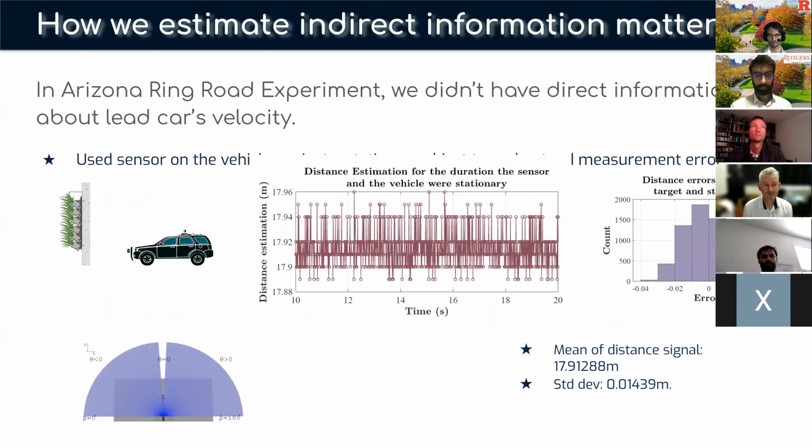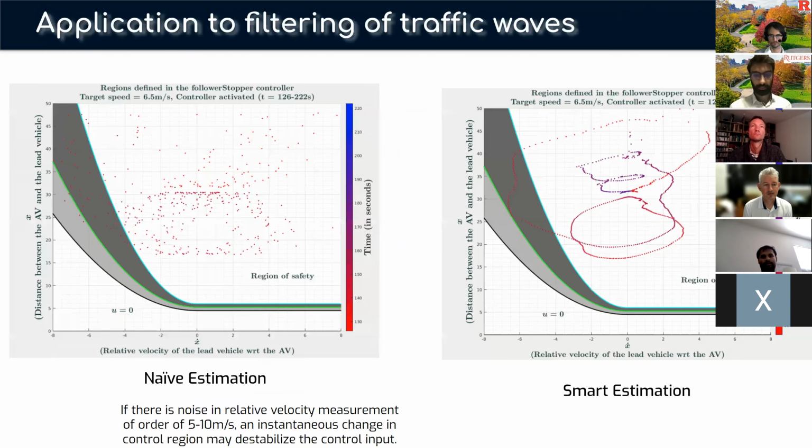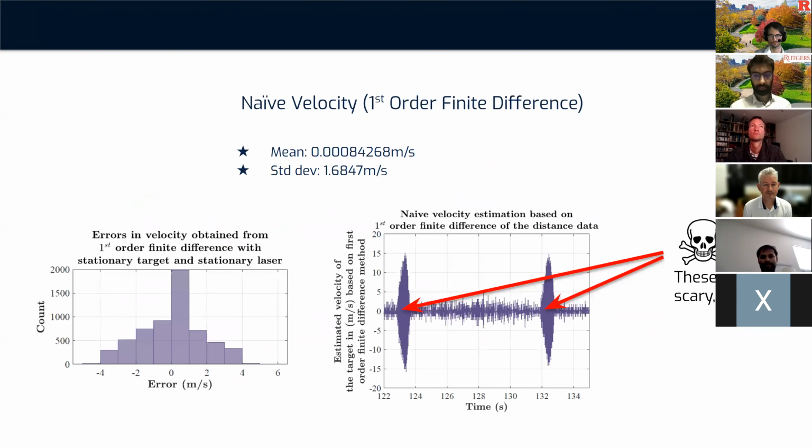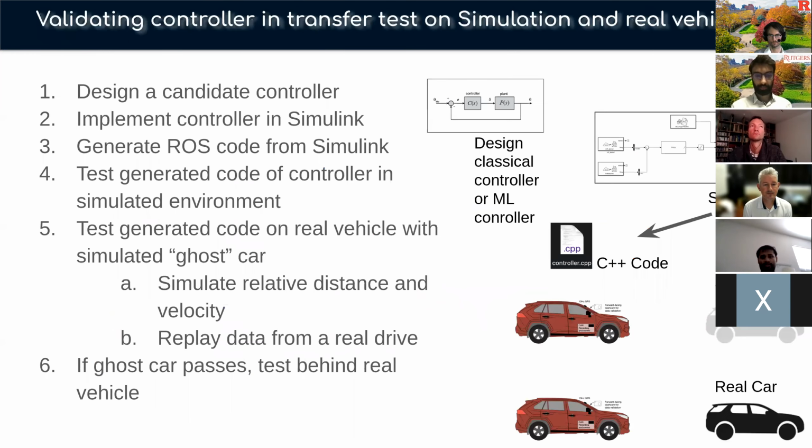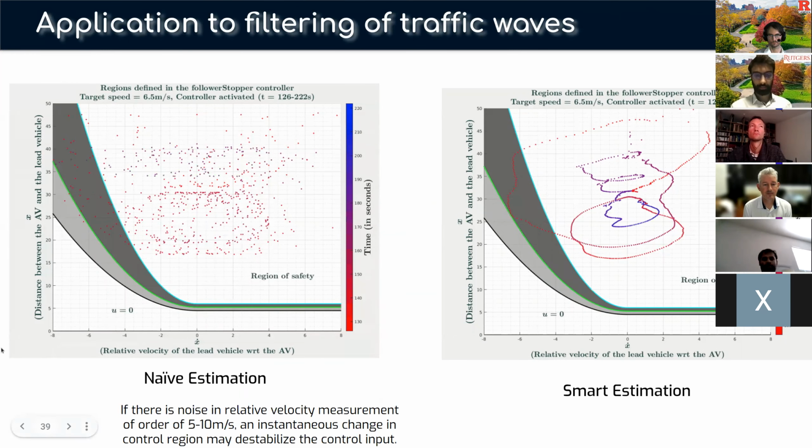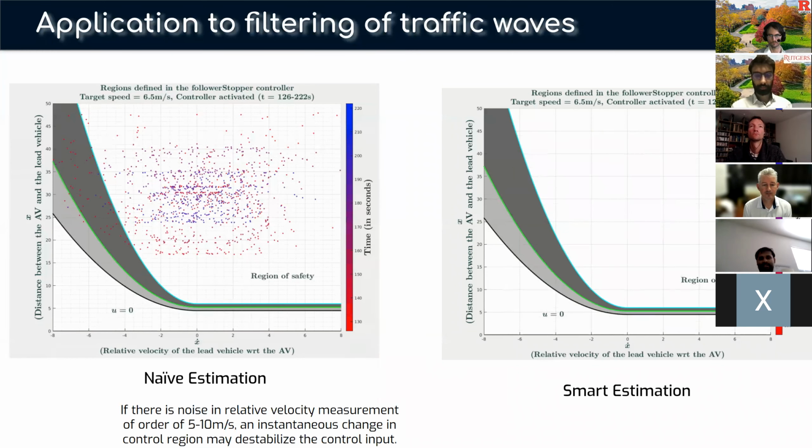Skipping back to why realistic trajectories are important: we want to develop a controller that doesn't have the issue of naive estimation. We can get some trajectory and compare it against how we develop an estimation algorithm for states that are not available.